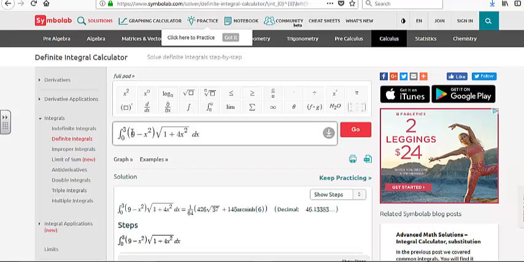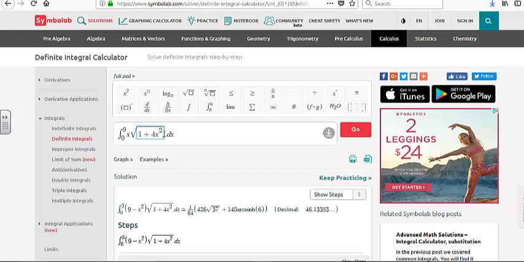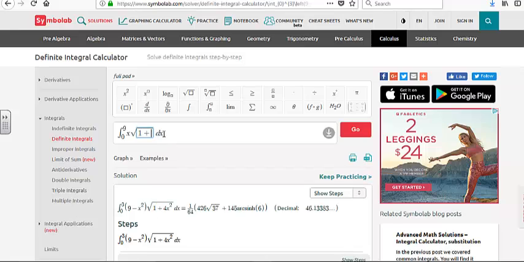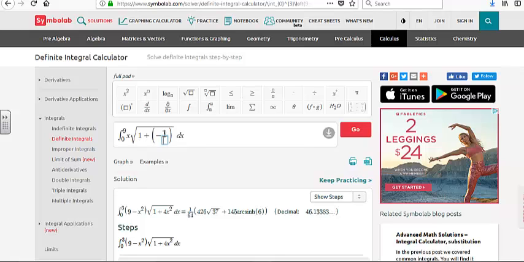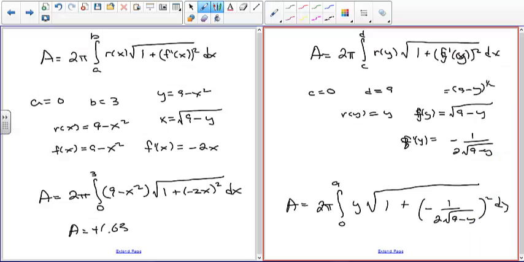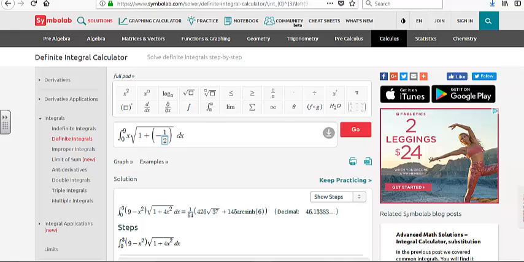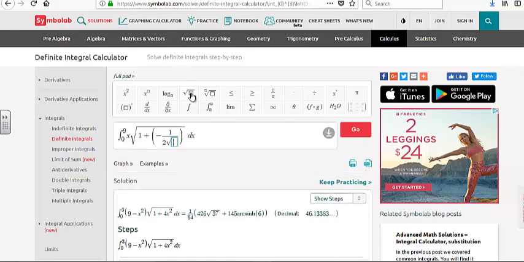So what I'm going to do is change the limit to 9. I'm going to put in y here, which I think, well, I'll put in x, but it doesn't matter, it's just a variable. So what I'll have here is -1 divided by 2 times the square root of 9 minus y, and this whole thing is squared here.